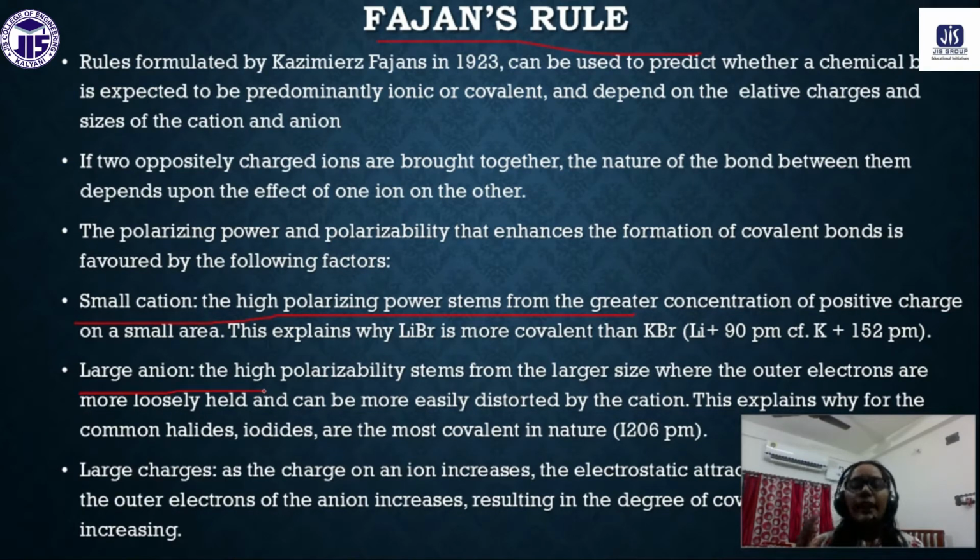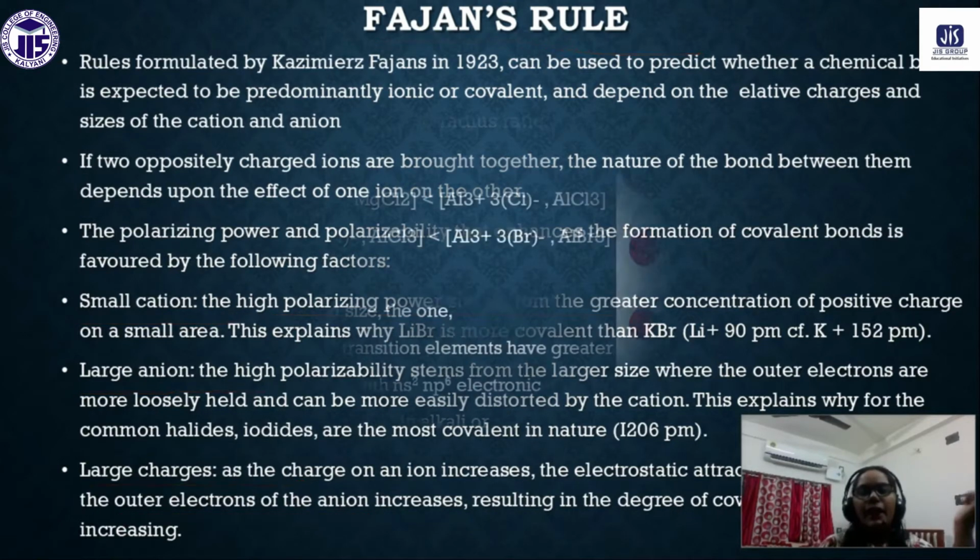So for a larger anion we can expect covalent character in the bond. Obviously, if we have a large charge on the cation, the polarizing power will be higher, the distortion of the electrons will be higher, and the covalent character will be higher.